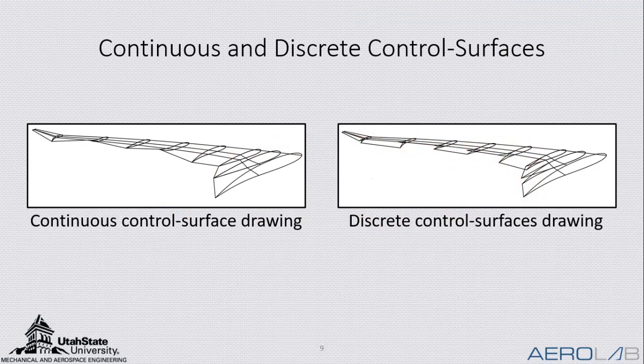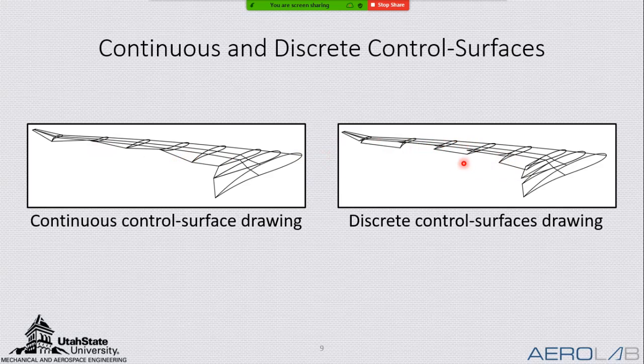And through this study, he found that the discrete control surfaces are more able to control yaw. They have greater yaw authority than the continuous control surface. And now why is that? That's because of these distinct changes at the trailing edge. These distinct switches between sections cause greater gradients in the lift distribution than the continuous control surface.